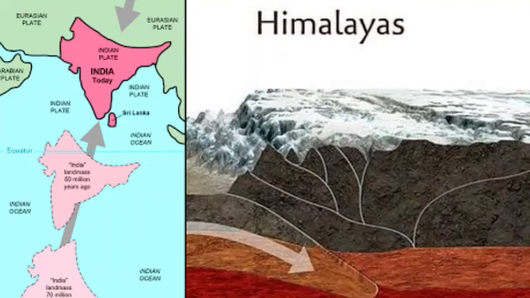In course of time, our Indian Peninsular Plateau moved towards the northeast direction like this, and collided with the large Eurasian plate.